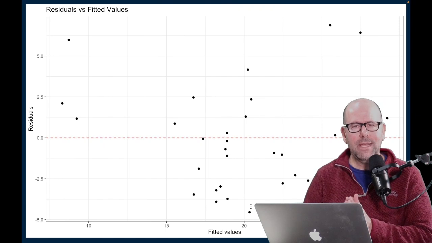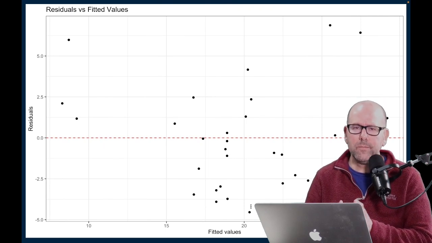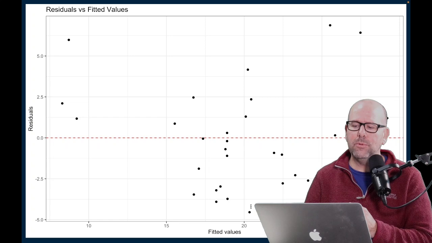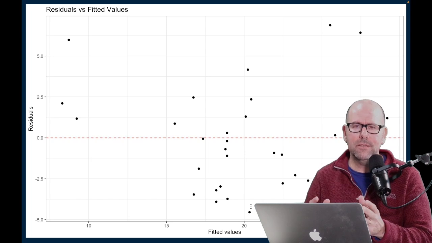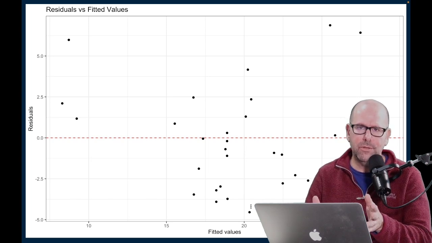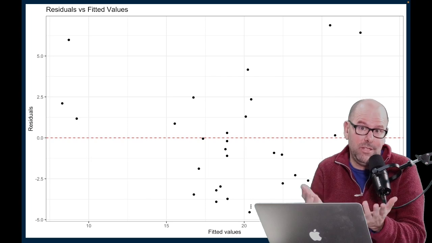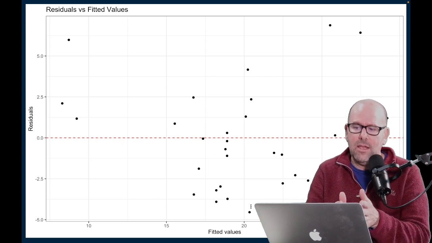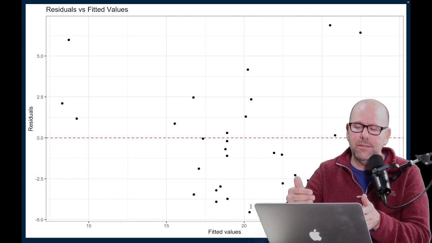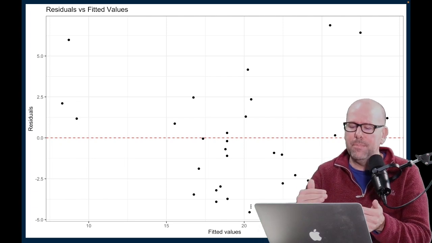Right, now, how to interpret this plot? What we want to see is that we don't want to see a pattern in these residuals. We want this to be random. We want it to be evenly distributed from left to right as much as possible in the context of randomness, and we want there to be as many dots above the line as there are more or less below it.